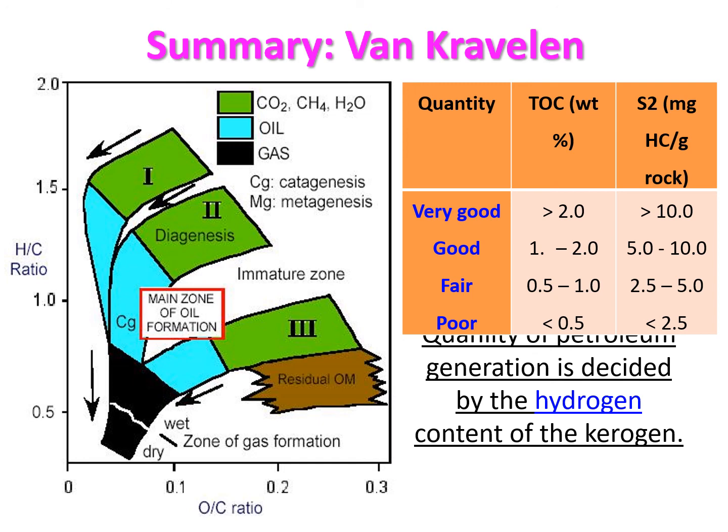And type 3 kerogen will have less than 1.0 H/C ratio and serve as the best gas-prone source during the catagenesis stage.